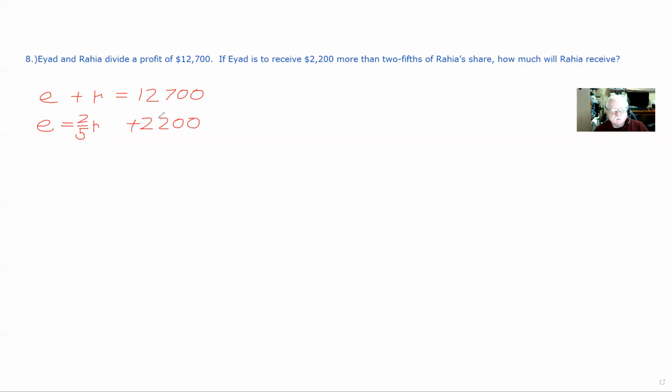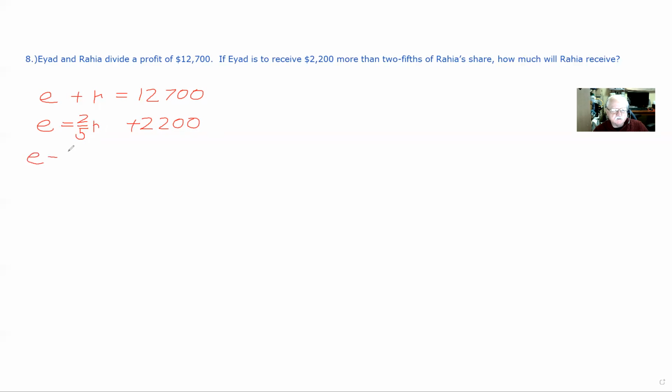So we have this equation, but it's not in the standard form, and it has this fraction in it. So first off, let's take this equation and put it into the standard form. The E's in the right place, and the 2,200 is okay. It's just this 2/5 R that's the problem.